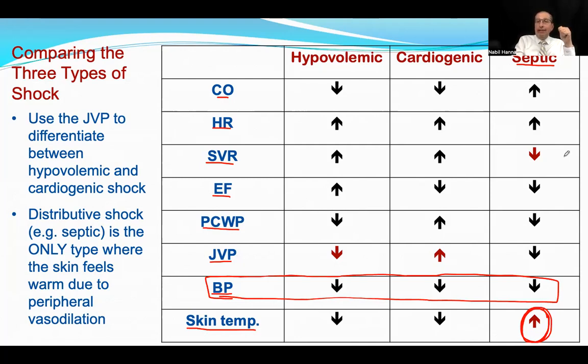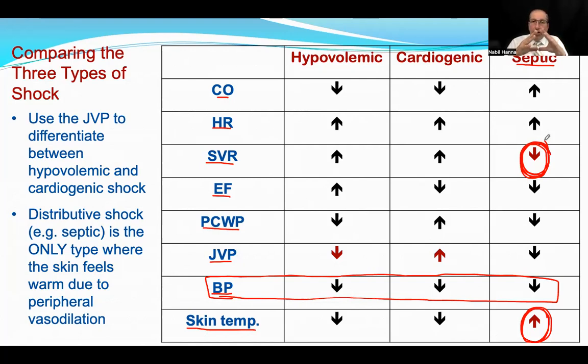The second characteristic thing about septic shock, and this is basically the mechanism of distributive shock, is the low systemic vascular resistance. So septic shock is kind of easy to detect, and usually there is either suspicion or indication of infection, and the patient is not responsive to crystalloids, so this is enough to diagnose septic shock.